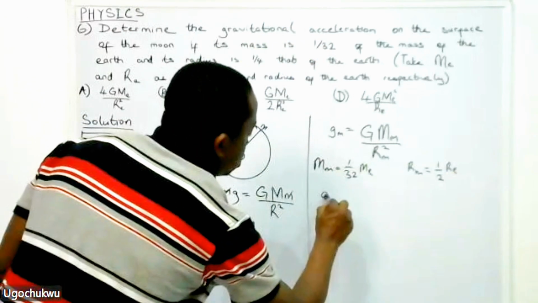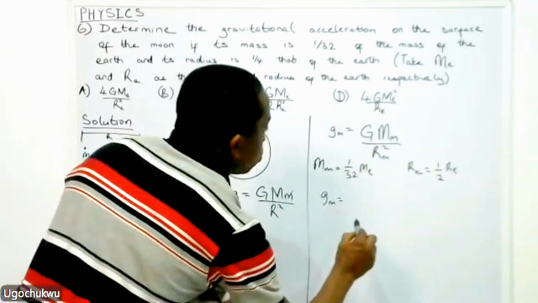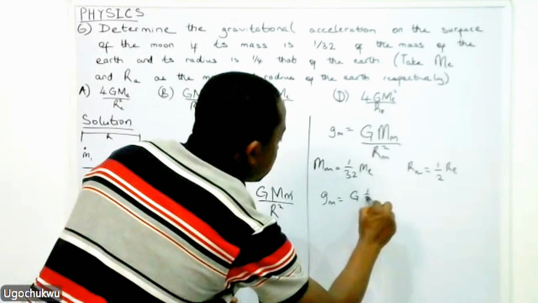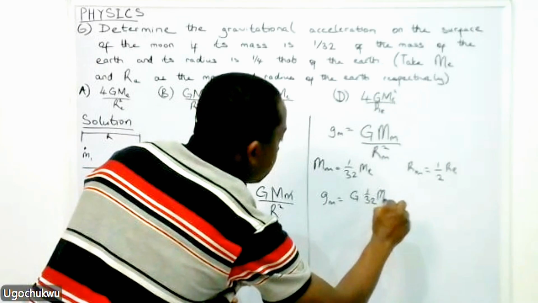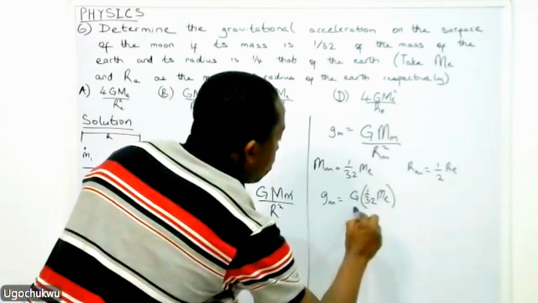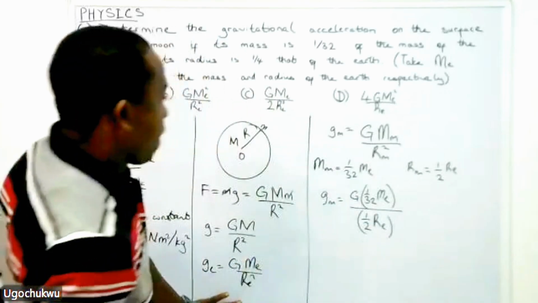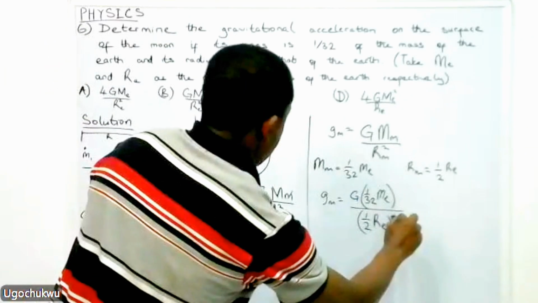So that gives us g of the moon will be equal to G times 1 over 32 ME, all over 1 over 4 RE, squared.